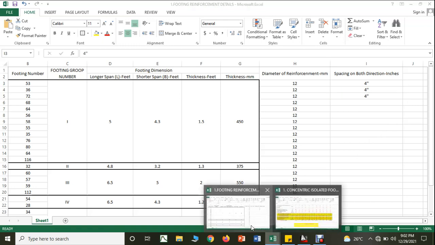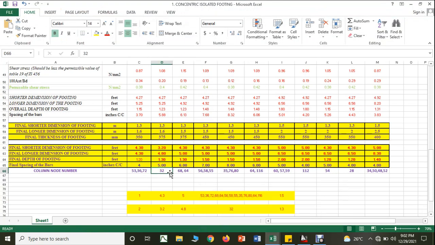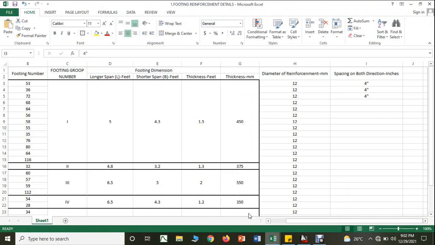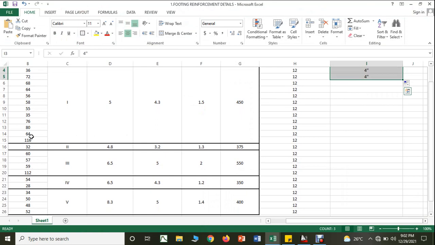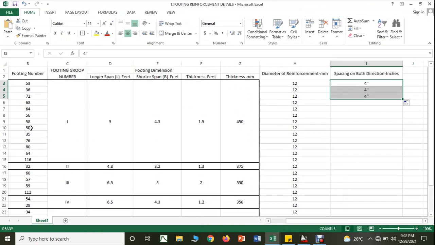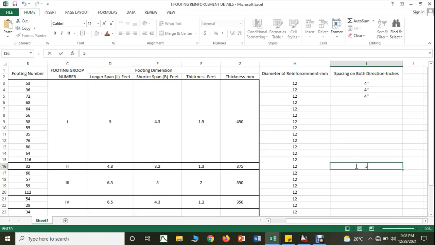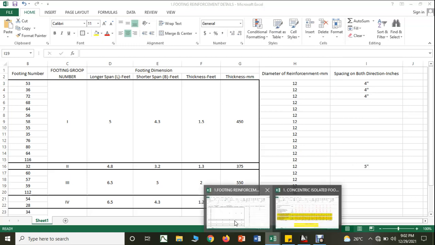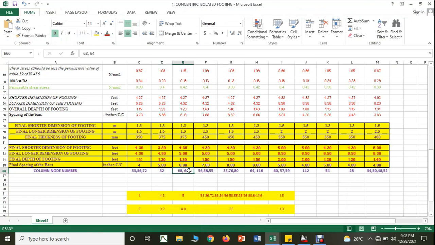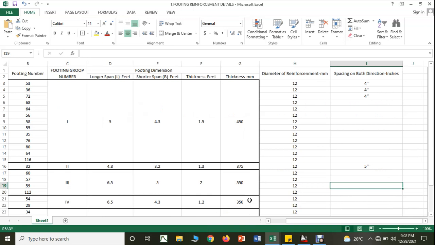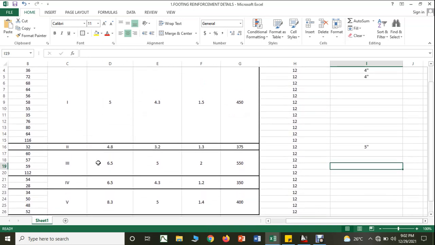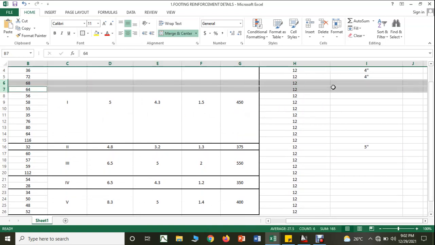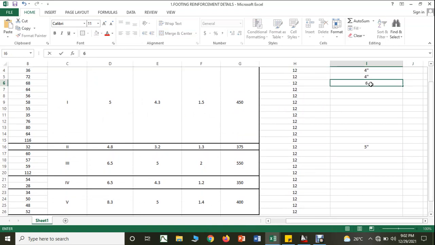Then next you have column number 32, that is 5 inches. Then after that you have 68, 64, that is 6 inches.